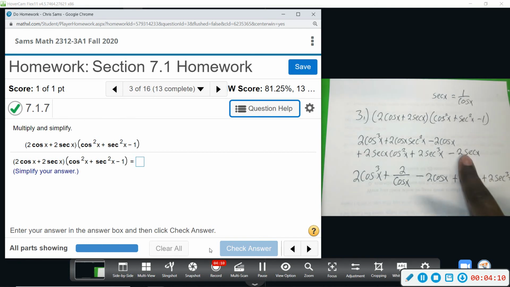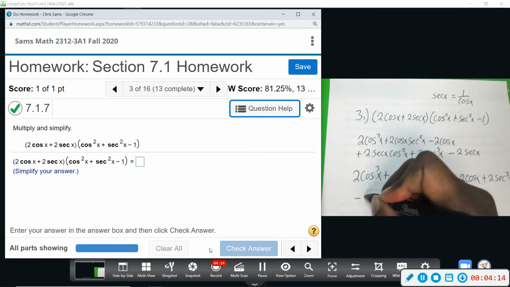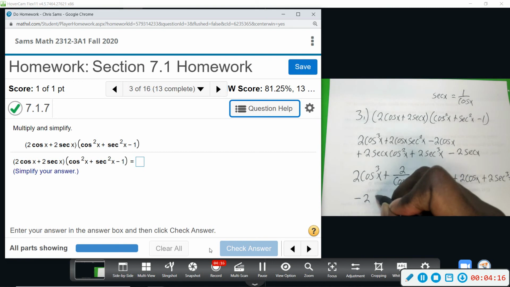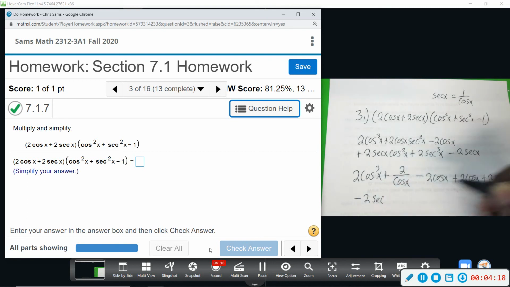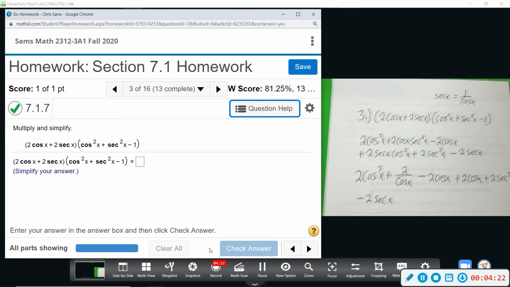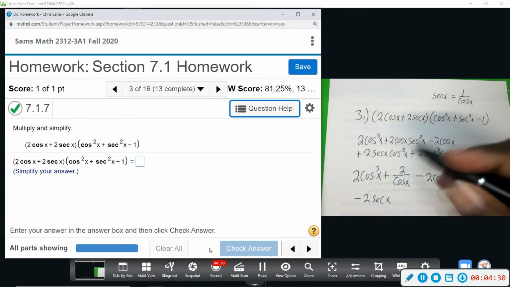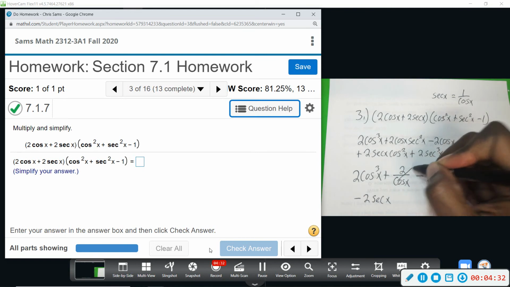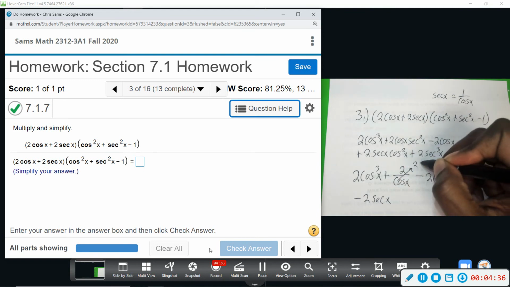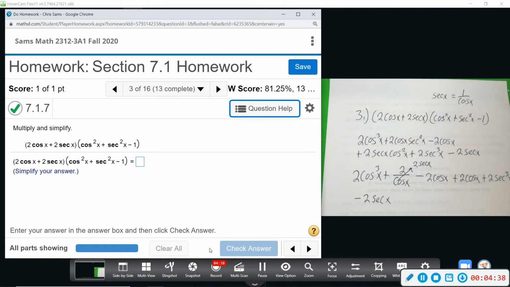And then this one out back minus 2 secant x. All right, so if I convert this back, so you think about it as 2 as 1 over cosine, so this is the same thing as positive 2 secant x.